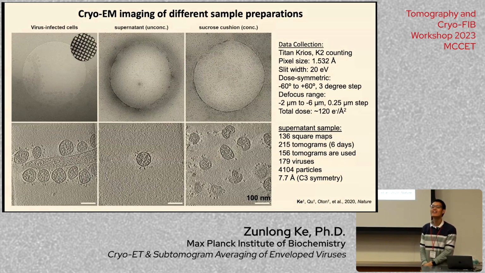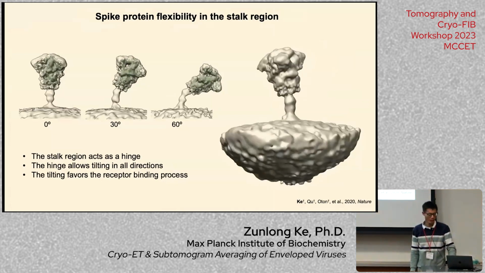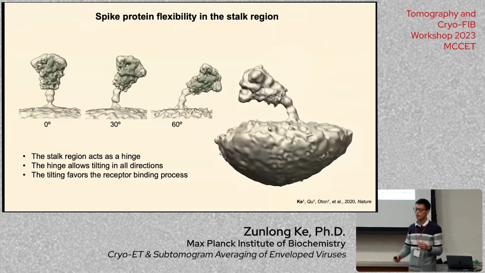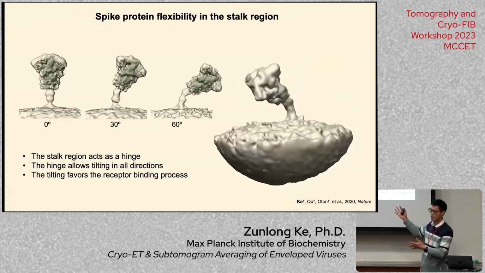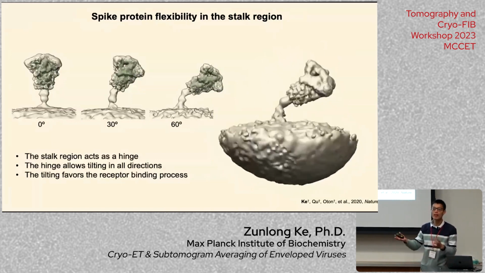Hi, my question is regarding the point that you made about the tilting of the SARS-CoV-2 spike favoring receptor binding. I was just curious how that is widely known, or whether there is structural information to suggest that as well. So how does this structure help the binding process?